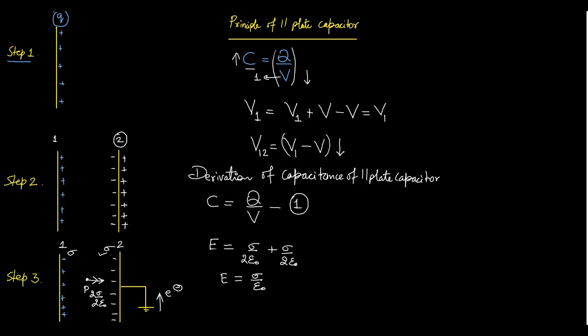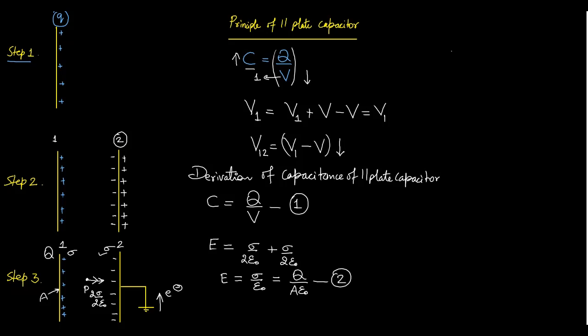sigma by epsilon naught. Surface charge density sigma we can write as Q by A, where Q is the charge on any plate and A is the area of each plate. Let's say this is equation number 2.